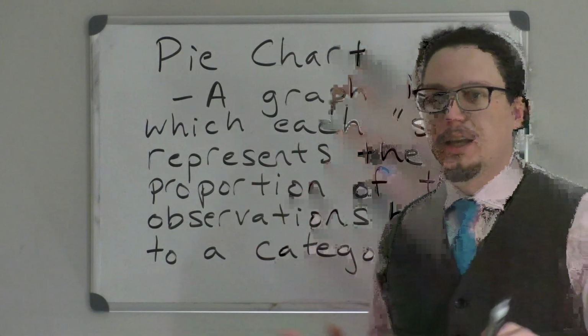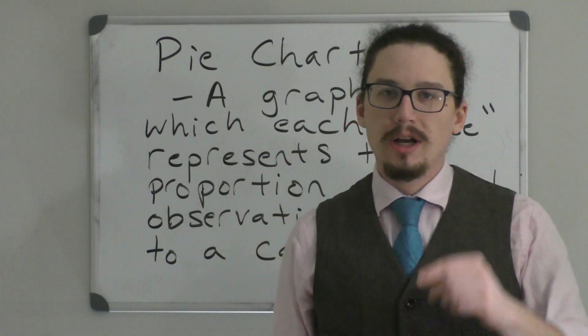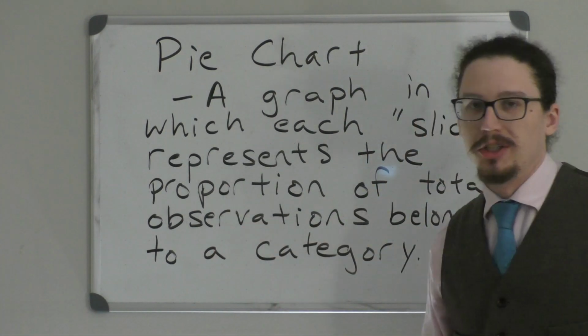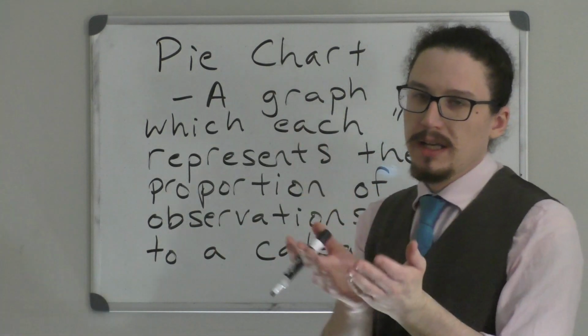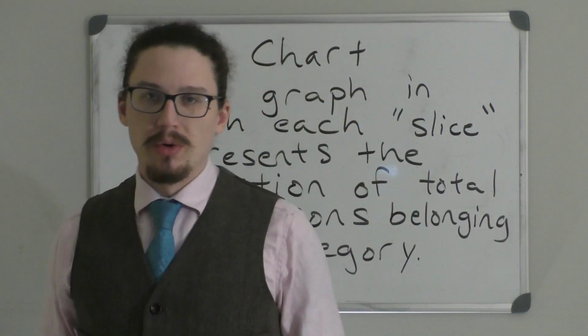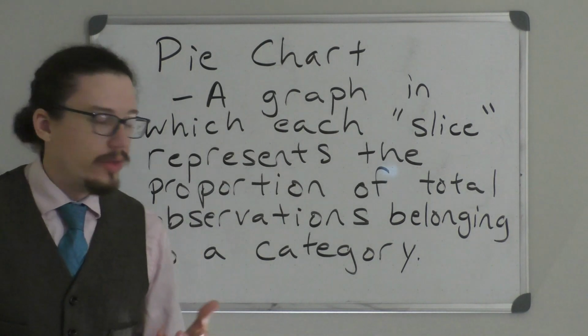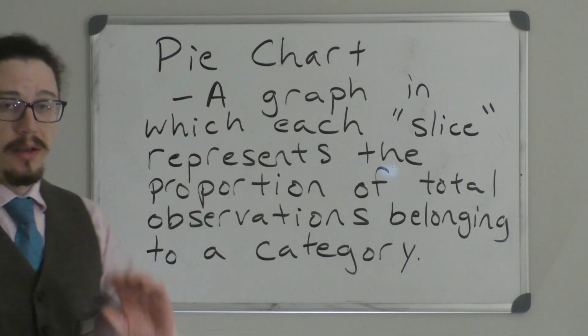A pie chart, as probably most, if not all of us, are already aware, is a circular chart that is divided up for the proportion of observations for each category. So we've got slices that correspond with those proportions.